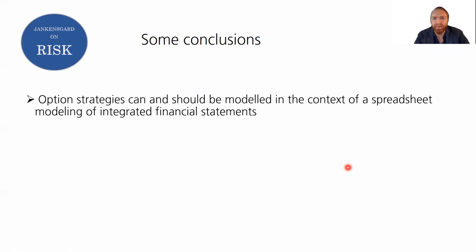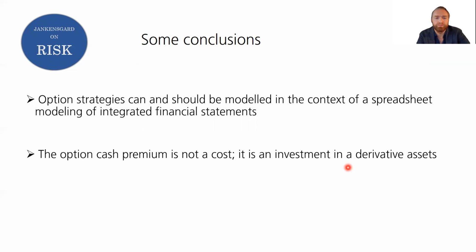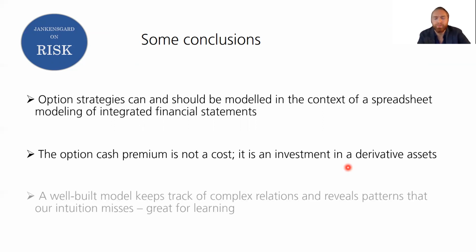And you now have predicted integrated financial statements that are perfectly consistent with IFRS and all these principles. Right? And we also take away from this that we need to remember that the cash premium paid is not a cost. We're going to credit the derivative assets account here, and you basically invest in derivative assets.